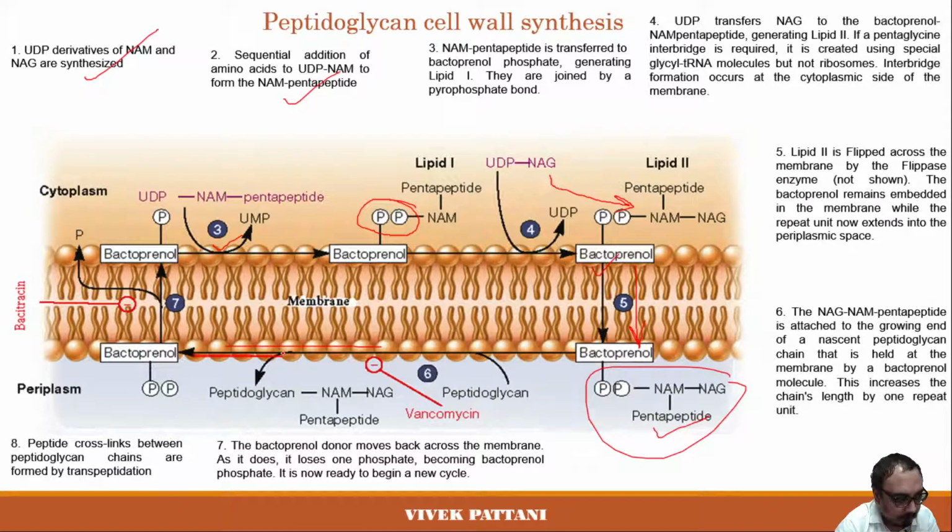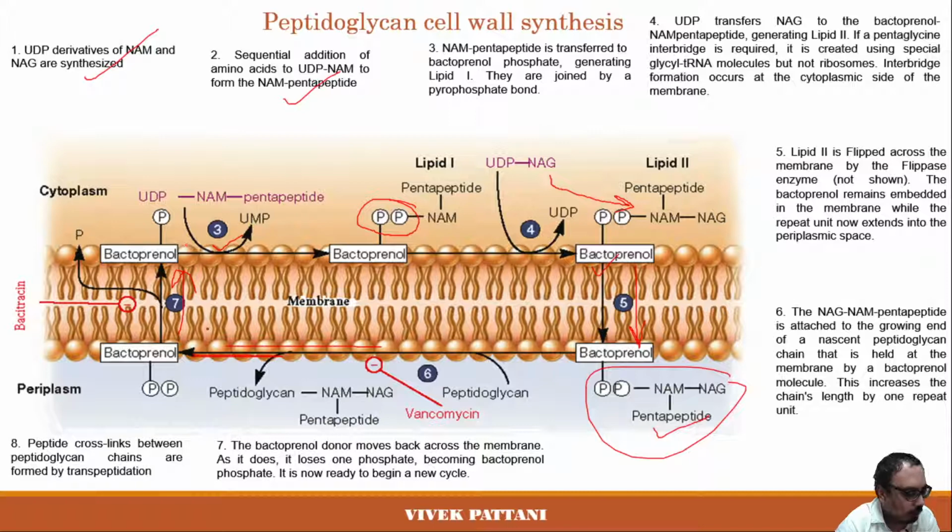After the bactoprenol is released, it moves back again to the cytoplasm and loses one phosphate, becoming bactoprenol phosphate, which can be reused for the continuation of peptidoglycan biosynthesis.